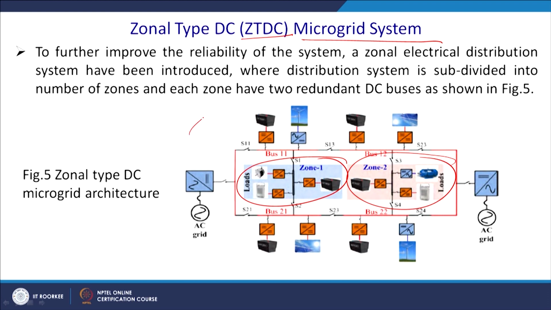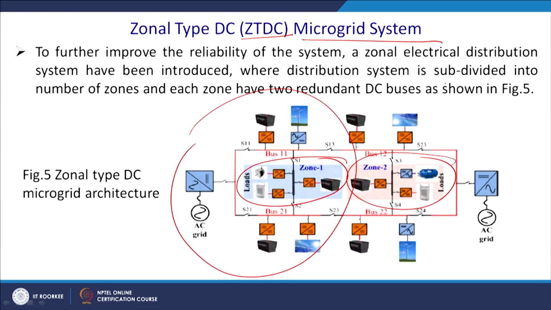Whatever happens to zone 1, it is the responsibility of the AC grid. If there is a power surplus or power imbalance, ultimately this will be taken care of by this grid only, and this will be the entry point, and you will have a responsibility for zone 2, and we say that it is bus 1. Similarly, we can have responsibility defined for the different kinds of buses.